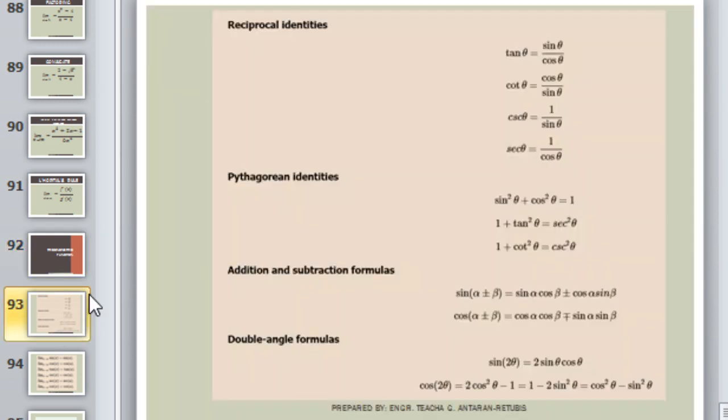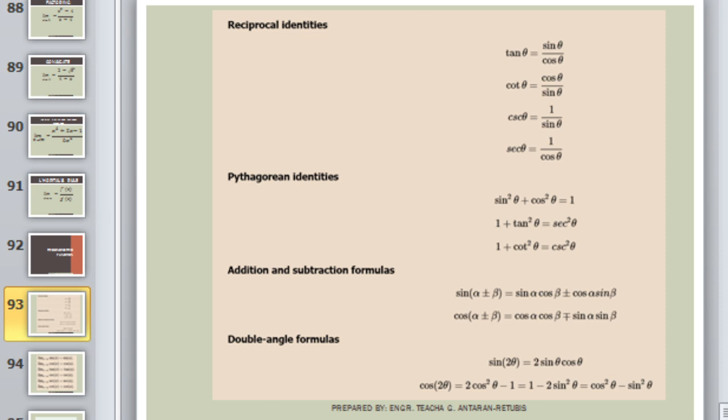We have the reciprocal identities: tangent can be taken as sine over cosine, your cotangent is cosine over sine, your cosecant is 1 over sine, and secant is 1 over cosine. We also have the Pythagorean identities, where sine squared theta plus cosine squared theta equals 1, and 1 plus tangent squared theta is equal to secant squared theta, and so on. Also, we have the addition and subtraction formulas of the trigonometric functions as well as the double angle formulas.